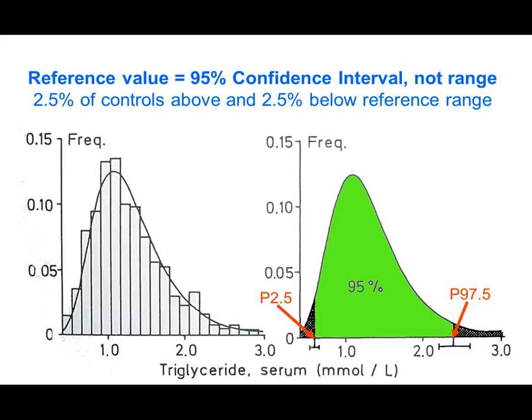It is very clear that 2.5% of subjects that are apparently healthy have triglyceride levels below the lower limit of the confidence interval, and also 2.5% of them have a level above the upper limit of the confidence interval.